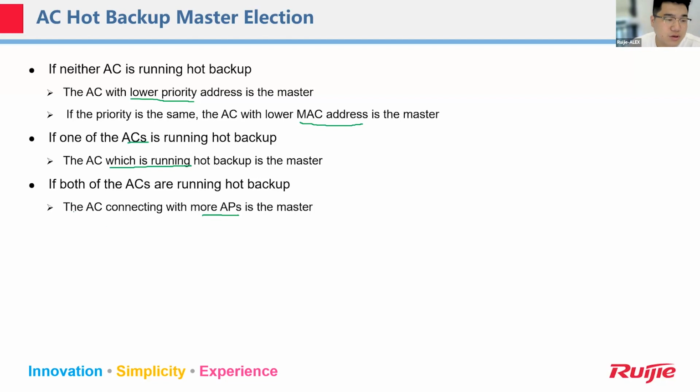So the reason why we prefer the AC connecting with more APs as a master is that we have fewer APs that should switch to the other AC. It will cause maybe less effect to the network. Okay, so this is the master election rule of the AC hot backup.